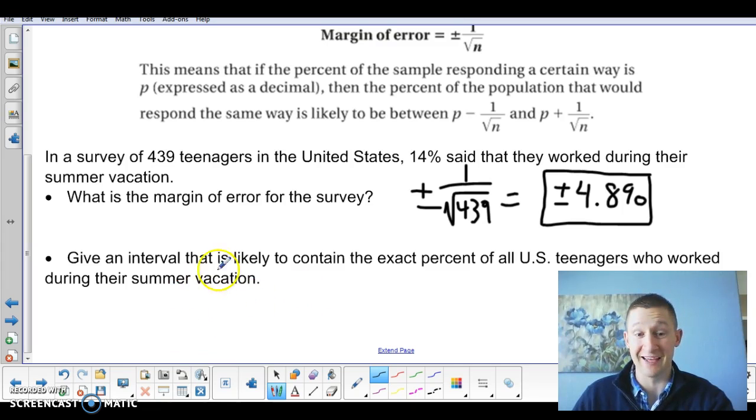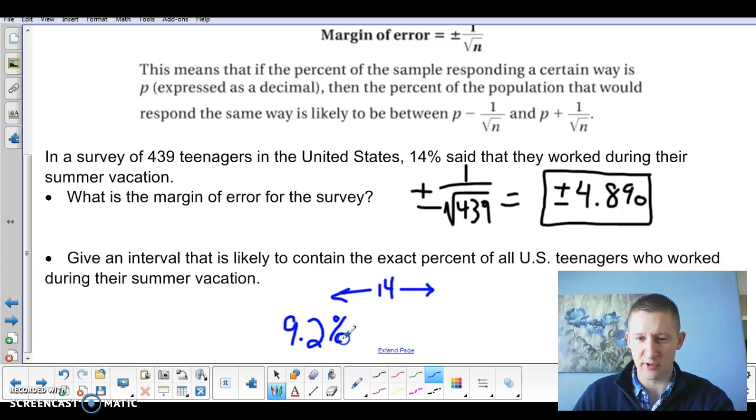If I'm asked to give an interval that's likely to contain the exact percent of all U.S. teenagers who worked during the summer vacation, well, if my margin of error is 4.8% and 14 was the number that I had initially, to find this interval, I'd be thinking about what would be 4.8 greater than 14 and what would be 4.8 less than 14. If you do a little bit of math, you'll end up with 9.2% on the low end.